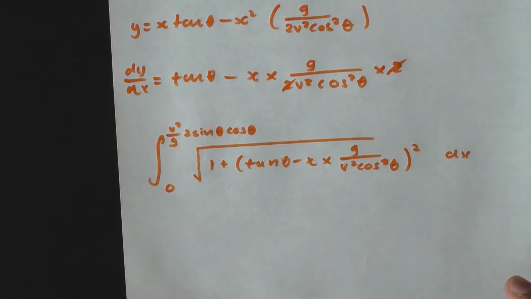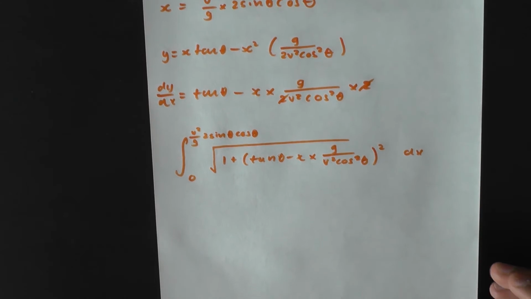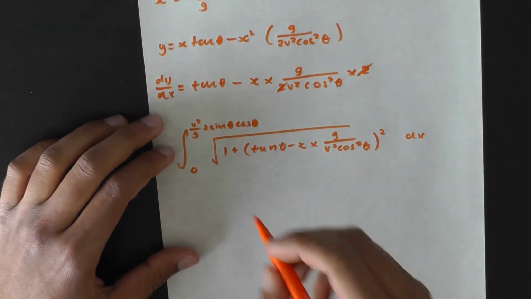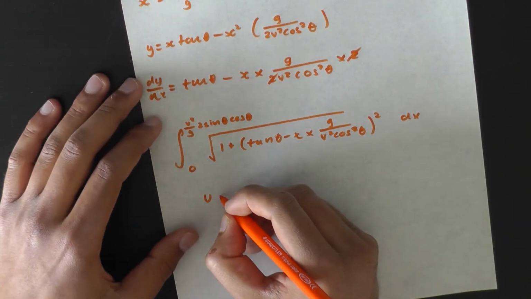So what can we do to make it a bit easier? We can use a substitution. Set u equal to what's inside this bracket, dy by dx.